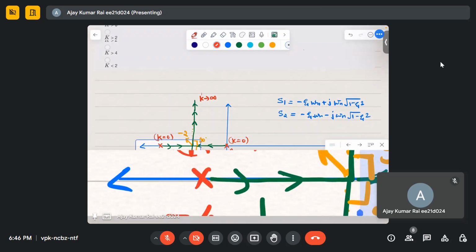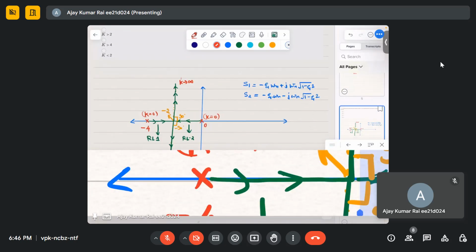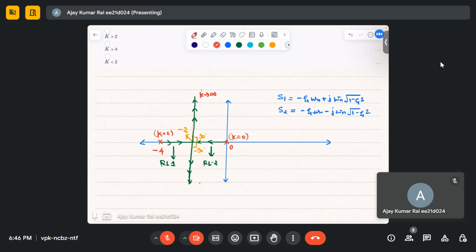Let me choose this point. Okay, so one point is here. I hope this is visible. Let me choose some darker color. Here I'll choose one value.